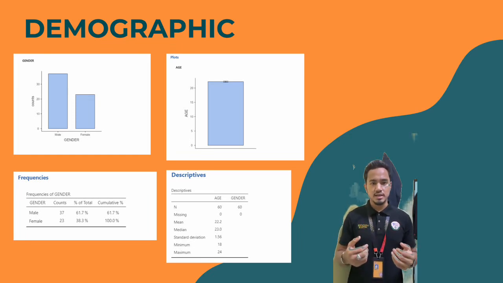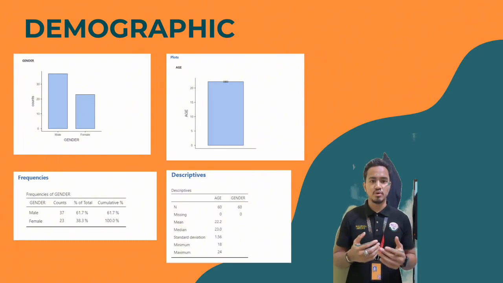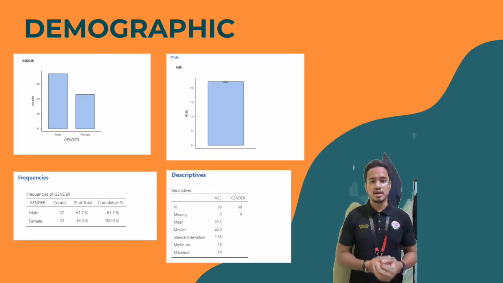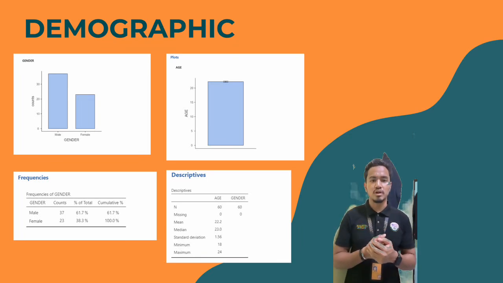In addition, the standard deviation for age is 1.56, which indicates that the ages of the respondents are not widely spread out from the mean. In other words, the variation in age is relatively small, meaning that most respondents are close in age to one another.